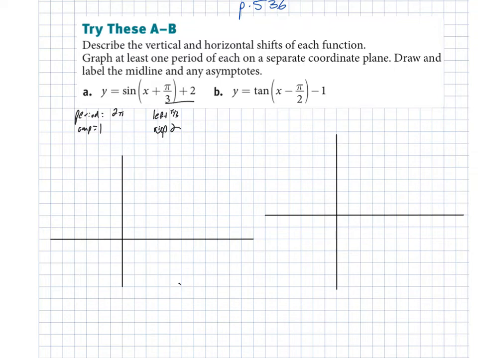So when I go to mark my axes, I need to go up to at least 3. So I'll go by 1, 2, 3, 4, and then -1, -2, -3. And then for my x-axis, I'm moving left pi over 3. My period's 2 pi, so I definitely want to go by pi over 4s, but because of the pi over 3s, I probably want to go by pi over 6s as my tick marks.